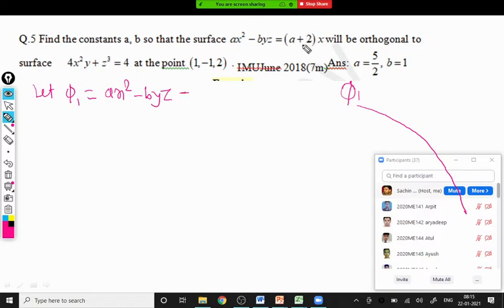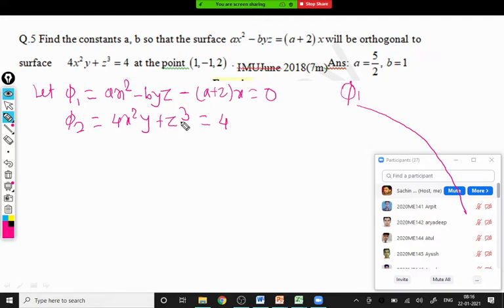So this term we should take on the LHS: minus a plus 2 of x equal to 0. So this is phi 1. Now let me say phi 2. Phi 2 is 4x square y plus z cube, and now the RHS is a constant, so no need to take it on the left side, or if you take it on the LHS, that also doesn't matter.